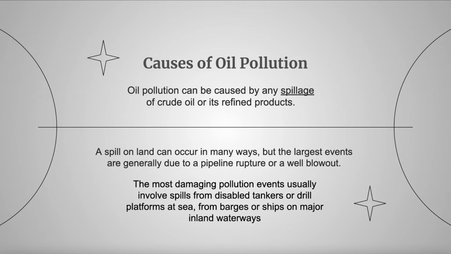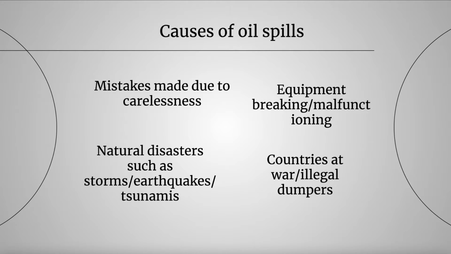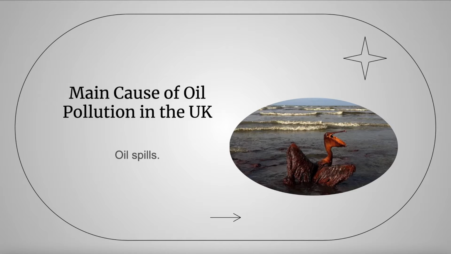That happens when accidents such as faulty equipment malfunctioning occur. Other causes of oil spills include mistakes made due to being careless, broken or malfunctioning equipment, natural disasters, illegal dumping, or countries at war. The main cause of oil pollution in the UK is oil spills.